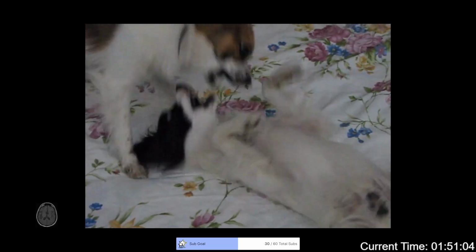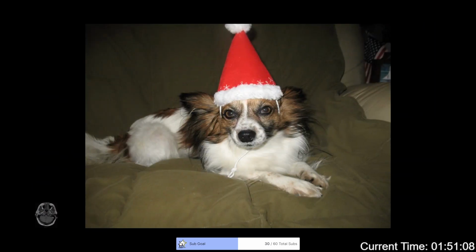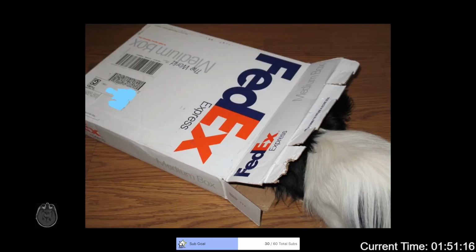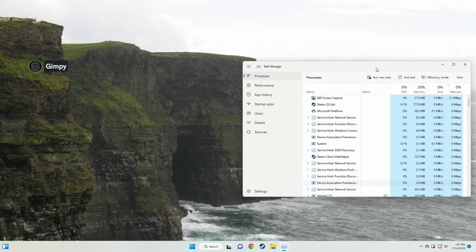But anyway, the driver's been updated for my network card. Hopefully this solves the issue. We'll see. We are going back over to the gaming PC and the NDI source.